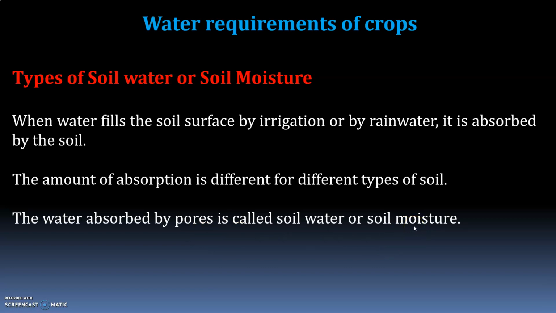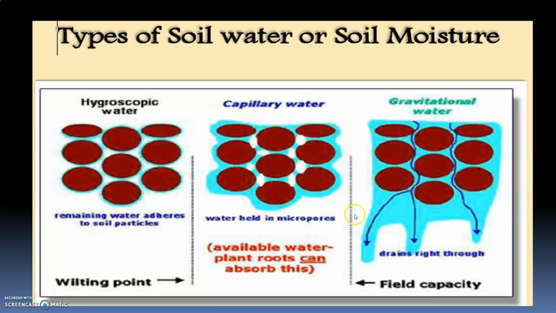So when the water is supplied either by irrigation or rainwater, that water is absorbed by the soil. The water absorbed by pores in the soil is called soil water or soil moisture. You can see here the different types of water: hygroscopic water, capillary water and gravitational water.